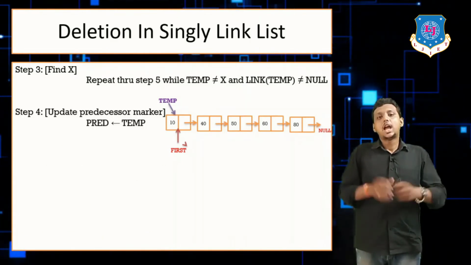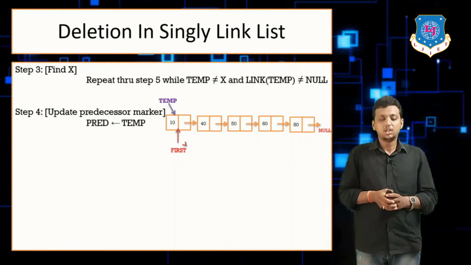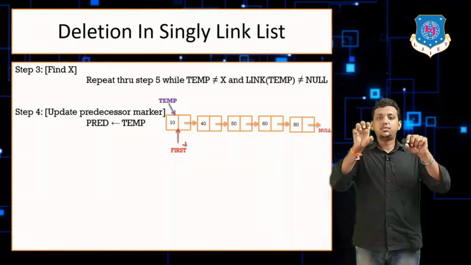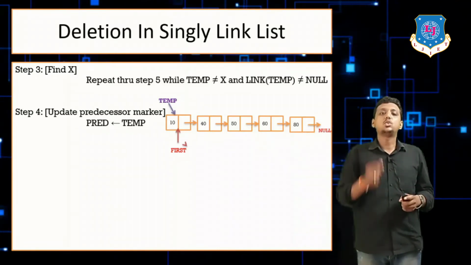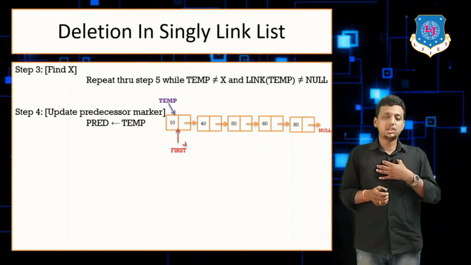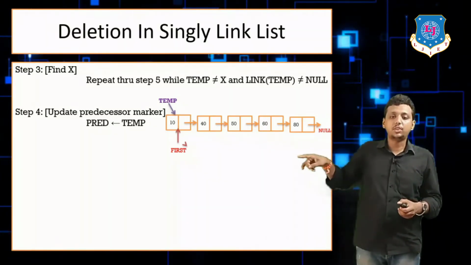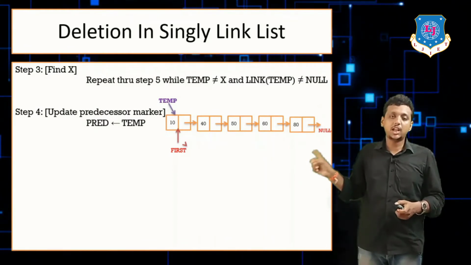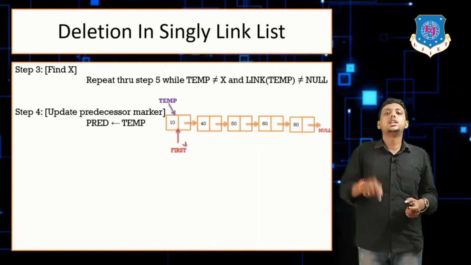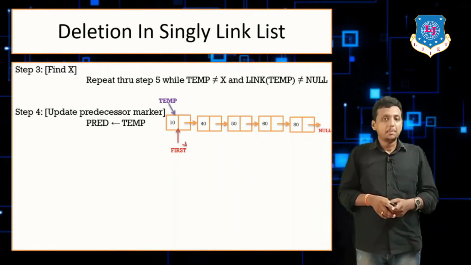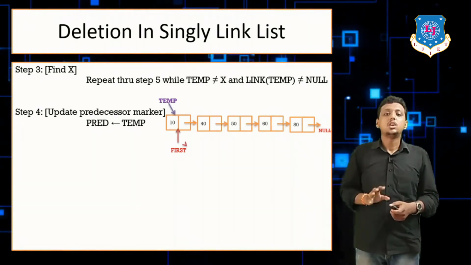What I'm going to do is take one predecessor pointer. Why are we taking the predecessor pointer? Let me show you. If I want to delete 60, I need the name of 60. Then I want to connect the link of 50 to 80, so I also need the name of 50, because one pointer is assigned to 60 and one to 80.